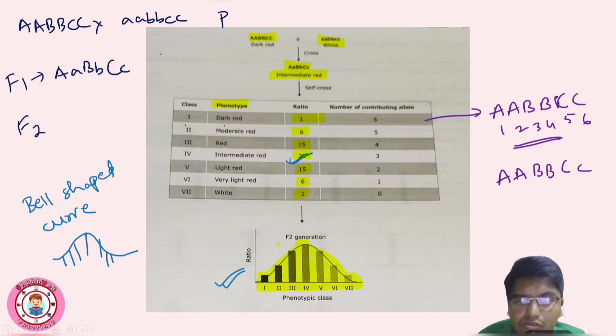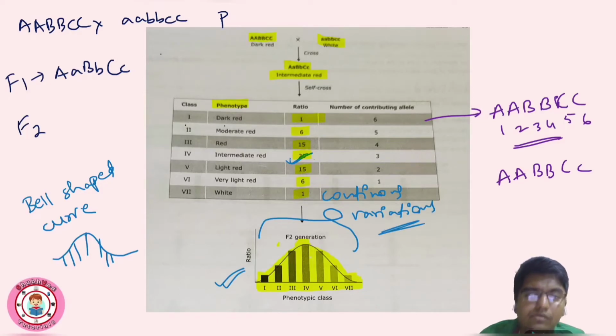So these are the variations we see, continuous variations. These are known as continuous variations, thus it is known as quantitative traits. So it is seen that environmental factors are also responsible, or we can say contributing alleles and non-contributing alleles. These terms are to be considered when talking about quantitative traits.